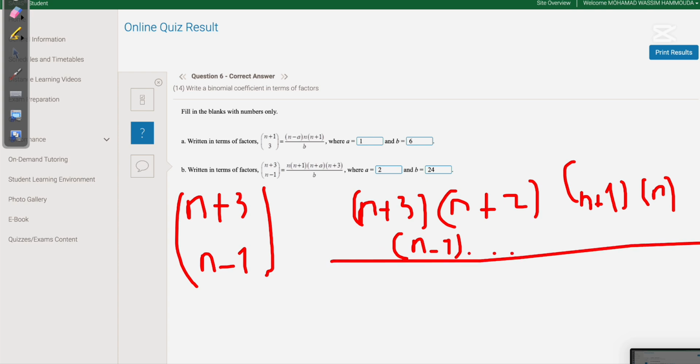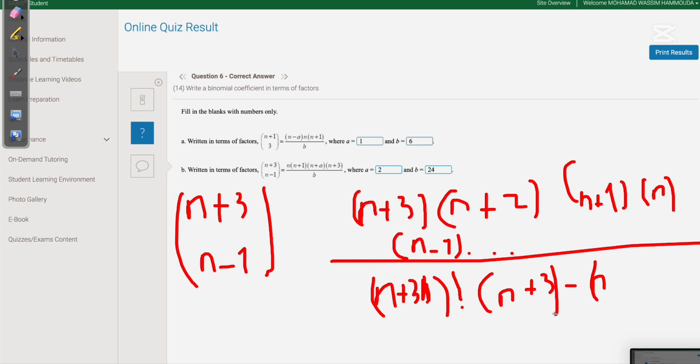Then at the bottom, as we said, n plus 3 factorial, times n plus 3 minus n minus 1 factorial.